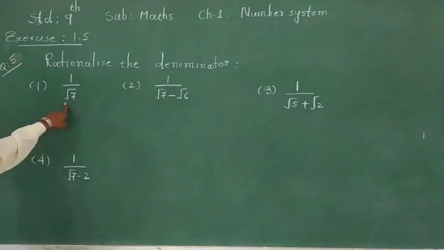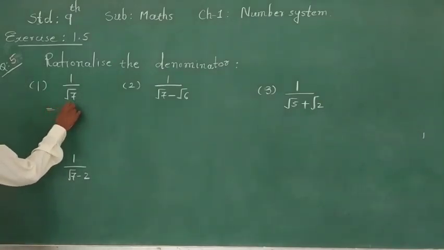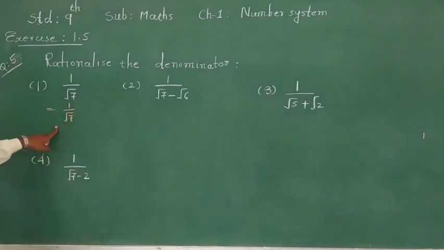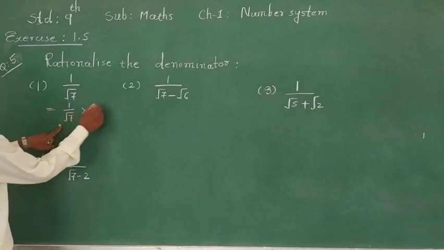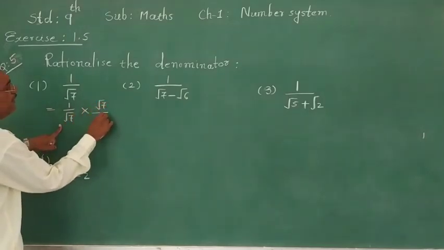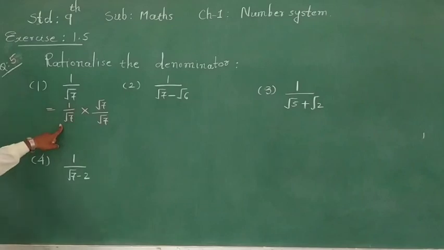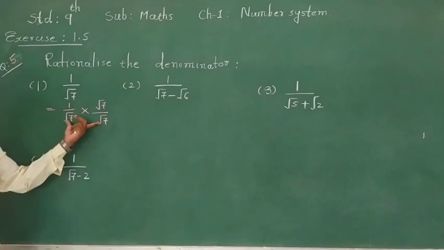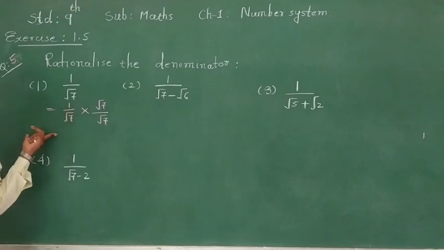So to make it rational, what do we have to do here? 1 upon root 7 is already given, and multiply by root 7 and divide by root 7. Okay? Now, why should we do this? Because when root 7 and root 7 are multiplied, we will obtain root 49, and the answer of root 49 is 7.